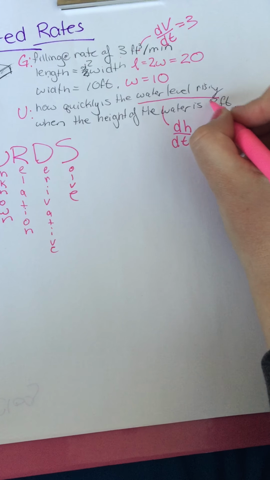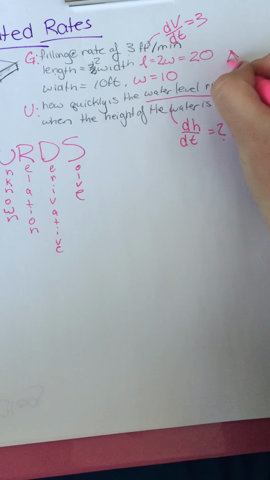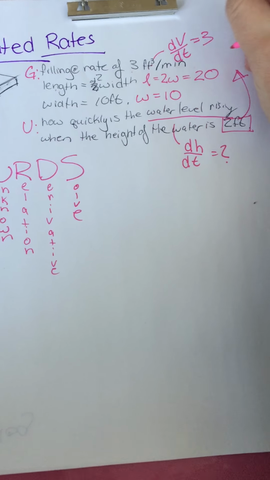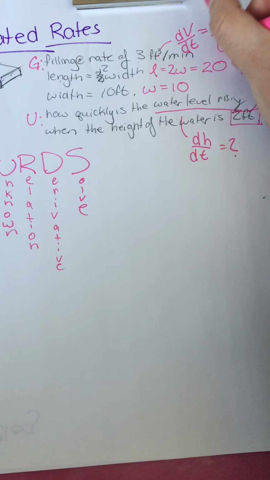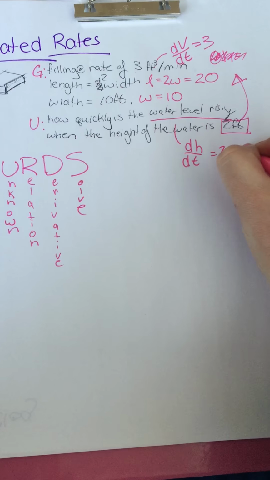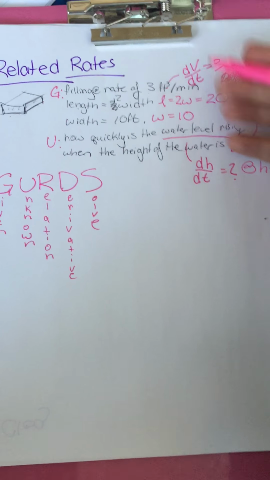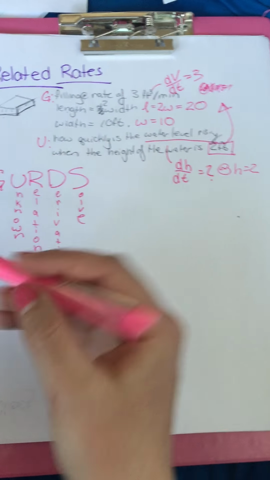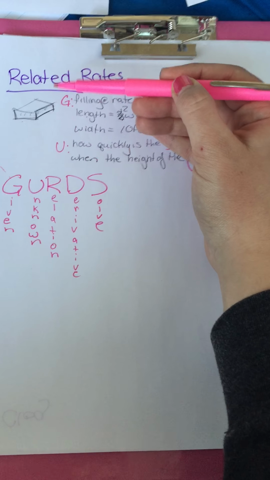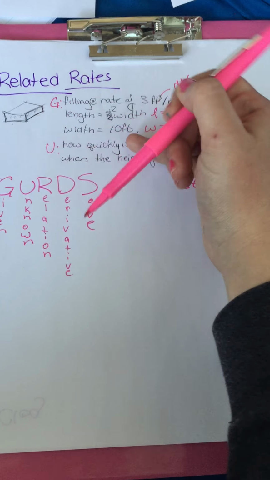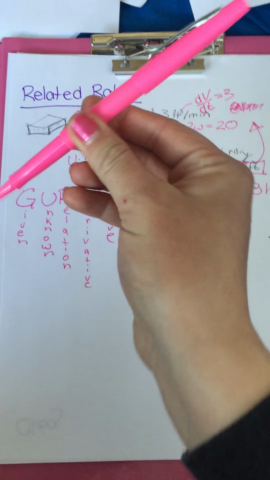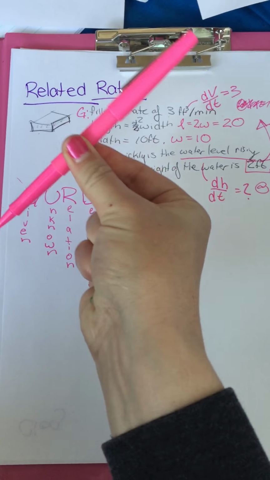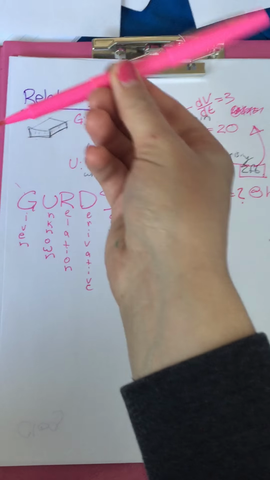Also, we want to know that the height is currently 2 feet, so we're going to go up and include that with our given, and we're going to say h is equal to 2. So we can say that there, or we can say here at h equal to 2. We can put it in either place. We know that h isn't always 2. That's just the point we want to solve the derivative for. So basically, we can find out the slope of the tangent, but we have to have a point to actually get a slope value. Otherwise, we just have a way of figuring it out.